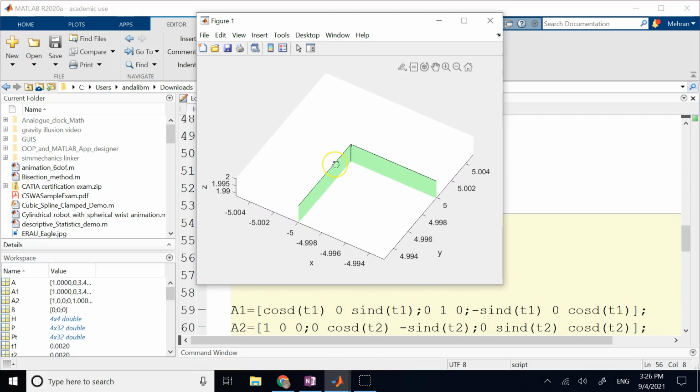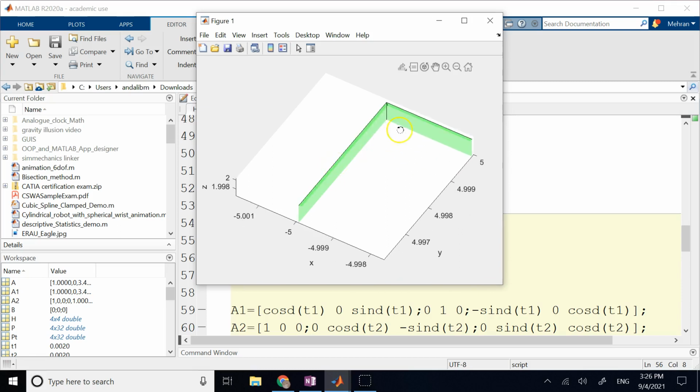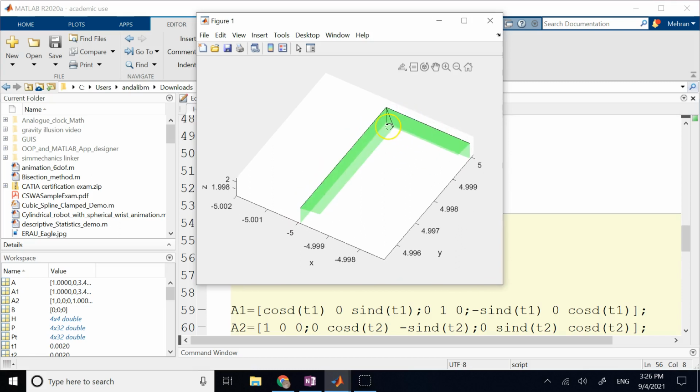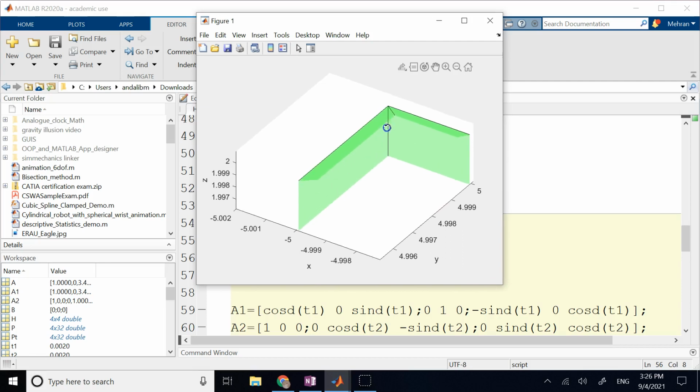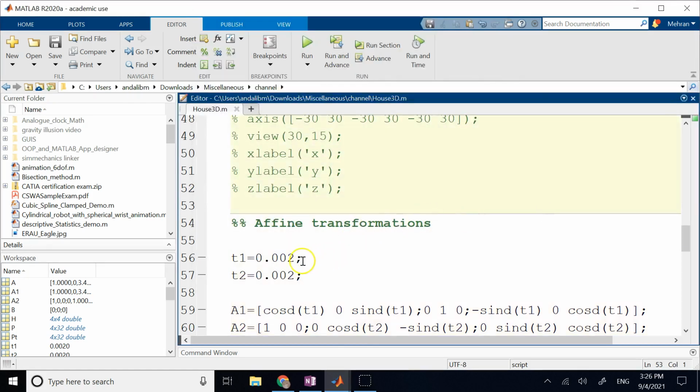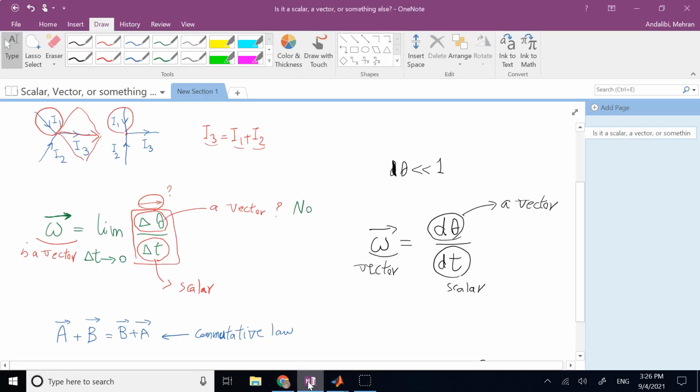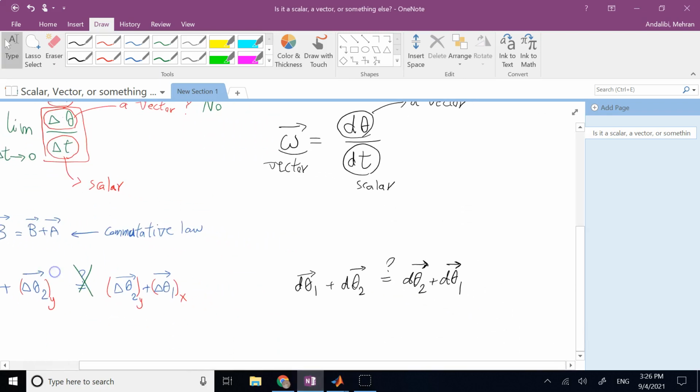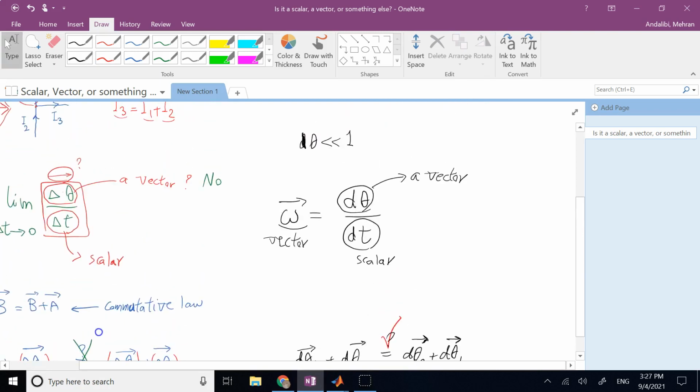You see, I can barely almost see any gap between them. Right? So in the limit, this equality will hold. So yes, this is correct. And if that's the case, I can say yes, d theta is a vector.